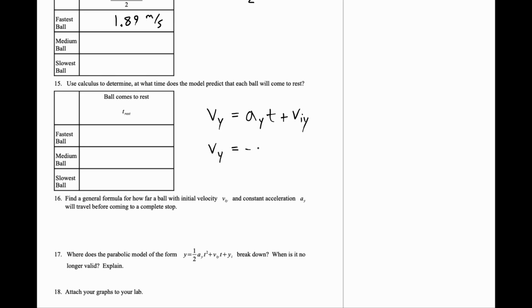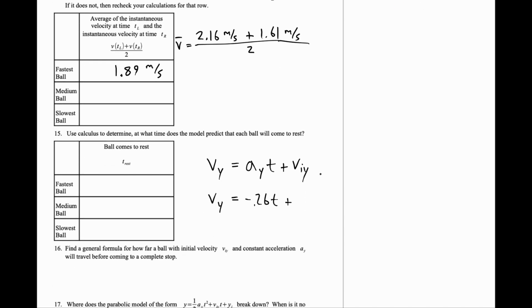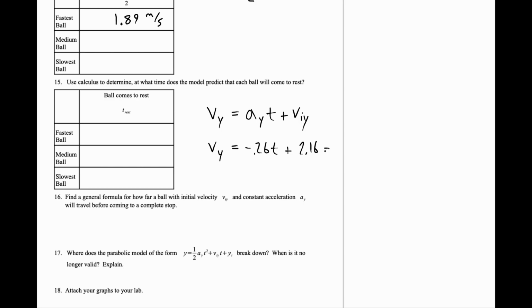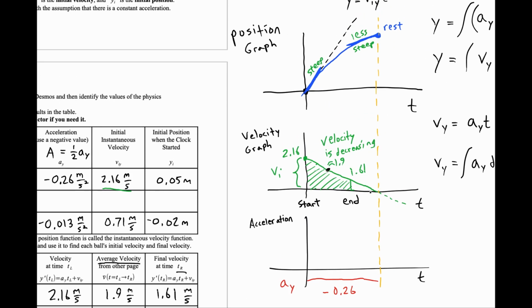For the fastball, it's negative 0.26 t plus 2.16. You just want to set that equal to 0. Say, when does the derivative become 0? That would be, of course, extrapolating it to this point when the thing comes to rest. Alright, so solve that, and then you're pretty much done. T equals 8.3 seconds.